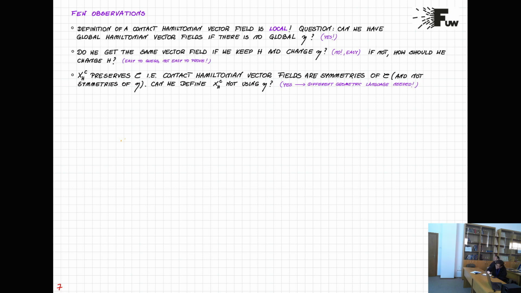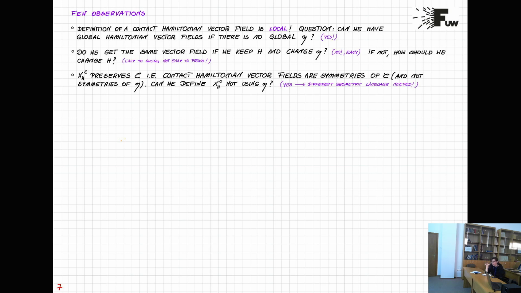One way of constructing this could be if, for example, changing the form does not change the vector field, yeah? And this is not the case. I mean, if we fix the Hamiltonian and we change the contact form, the Hamiltonian vector field changes.